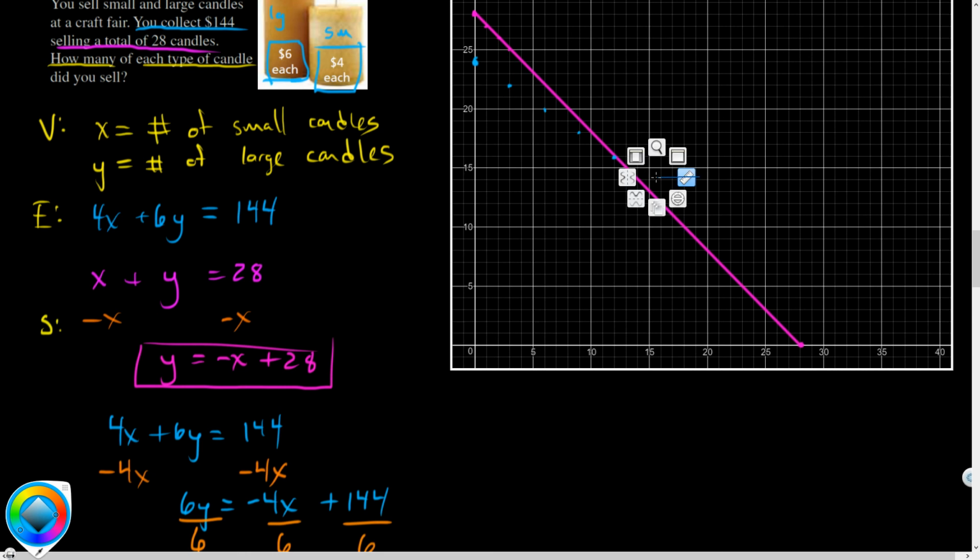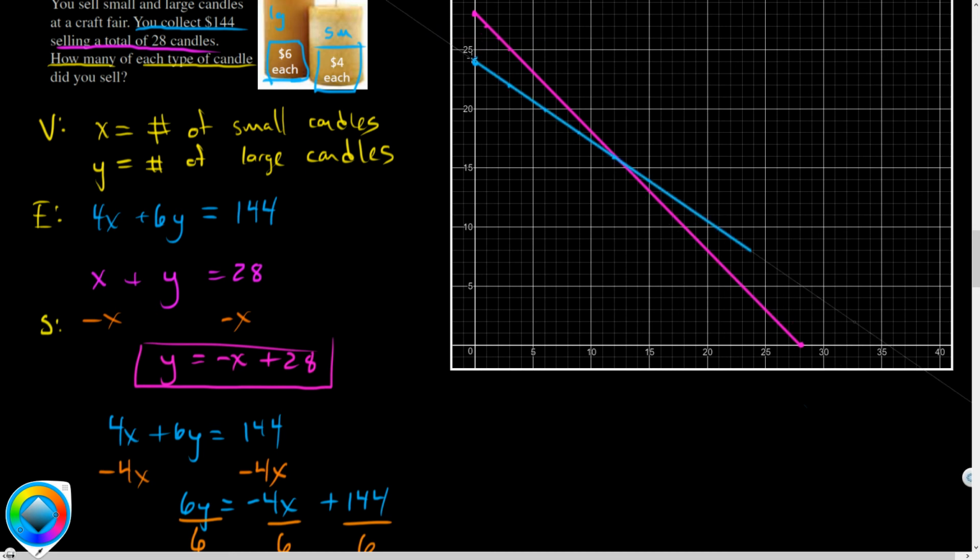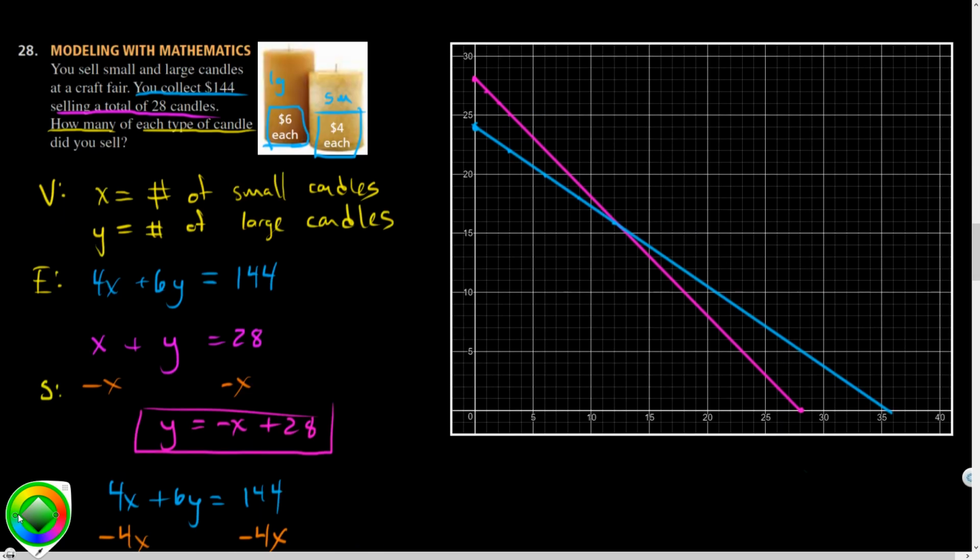And it looks like I found the intersection, but it looks something like this. Be that graph. And so I graphed it, and I can find that the solution occurs right here.